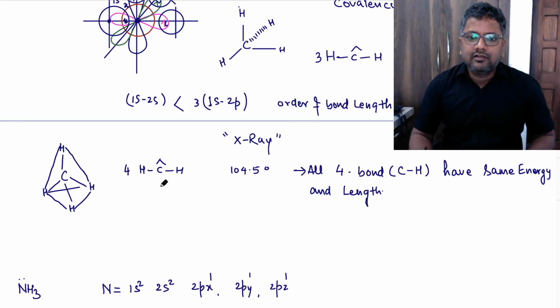In methane, all four HCH bond angles are equal.